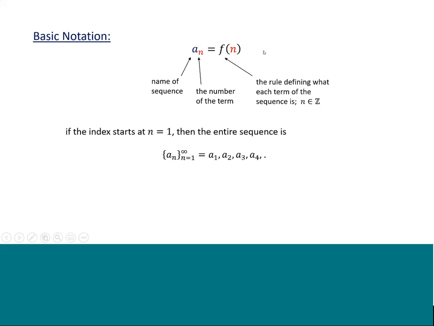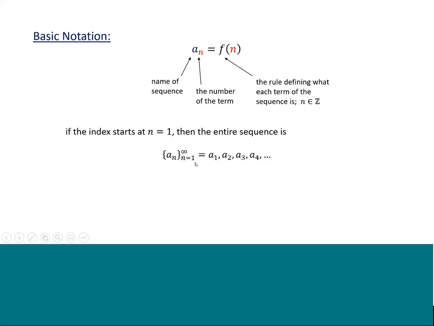Now, here's some extra terminology. If you start your sequence at n equals 1, then your sequence would look like A1 for the first term, A2 would be your second term, A3 your third term, A4 your fourth term, and so forth. If you wanted to be fancy and put it all together, these curly braces indicate you have a sequence.